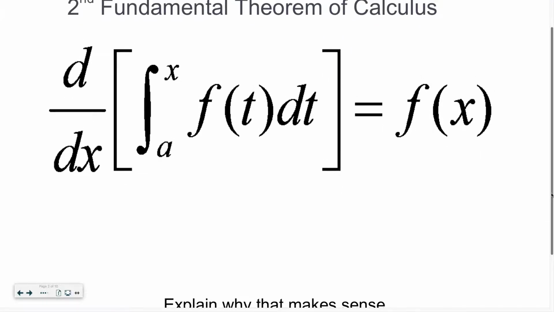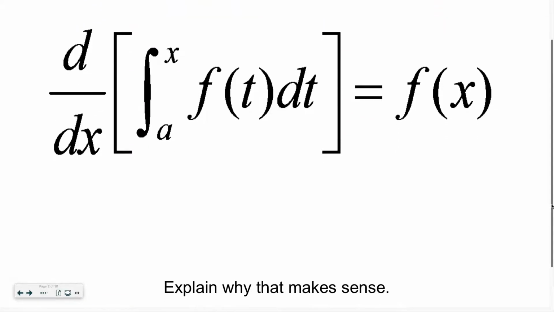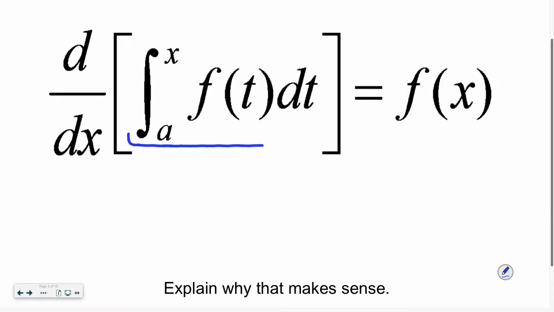We can go through. Don't write this down. If we were to solve this right here, we would find the antiderivative. Antiderivative we make with a capital F, and we would evaluate it from a to x, right?